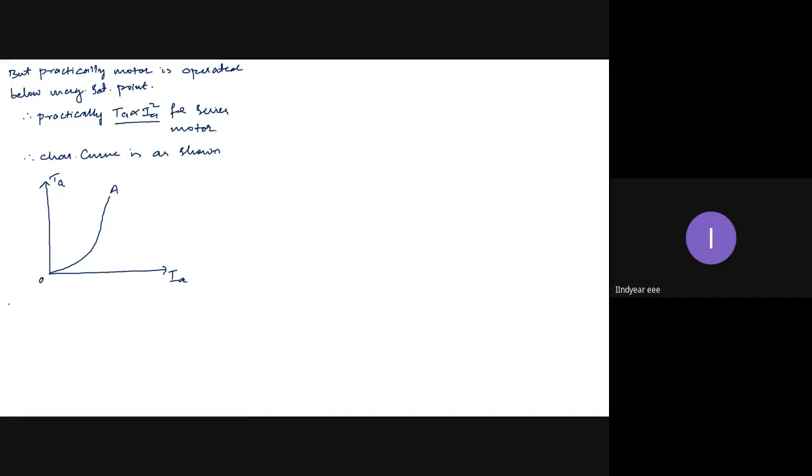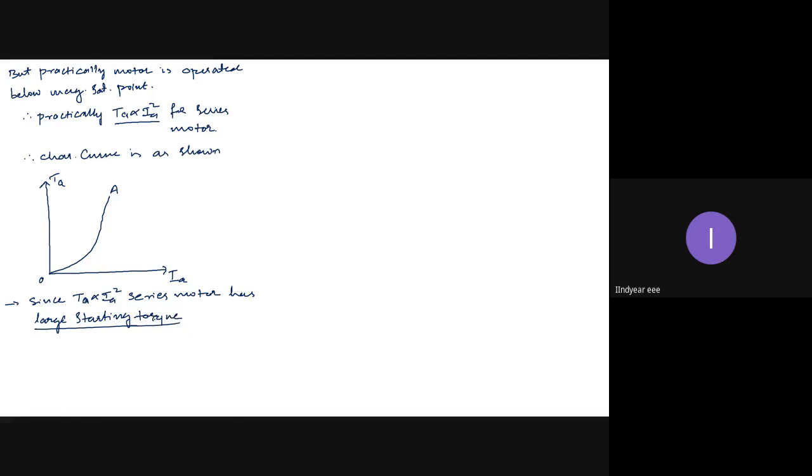Since TA is proportional to Ia square, the series motor has got a large starting torque.